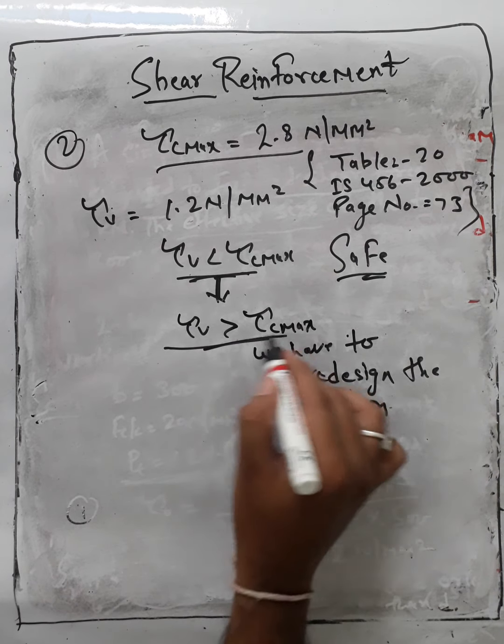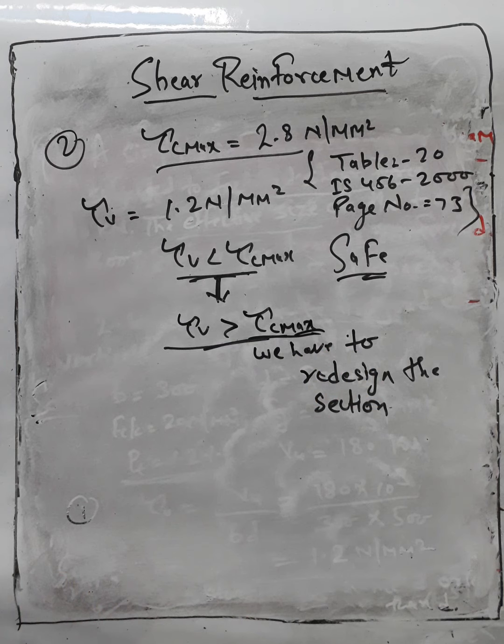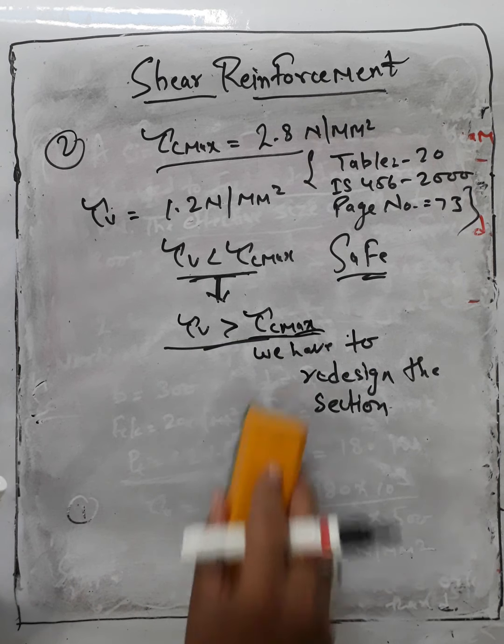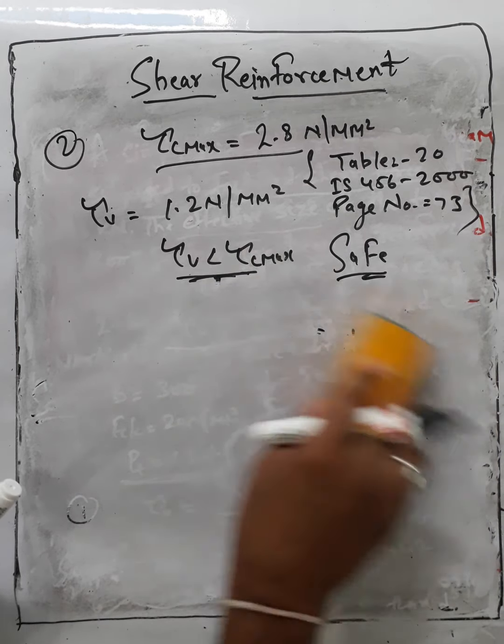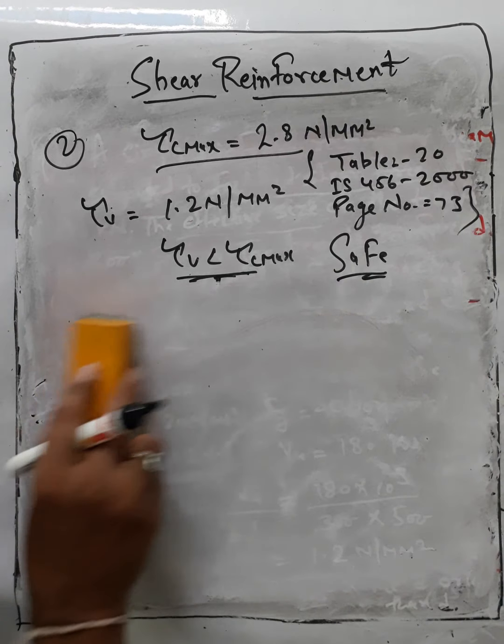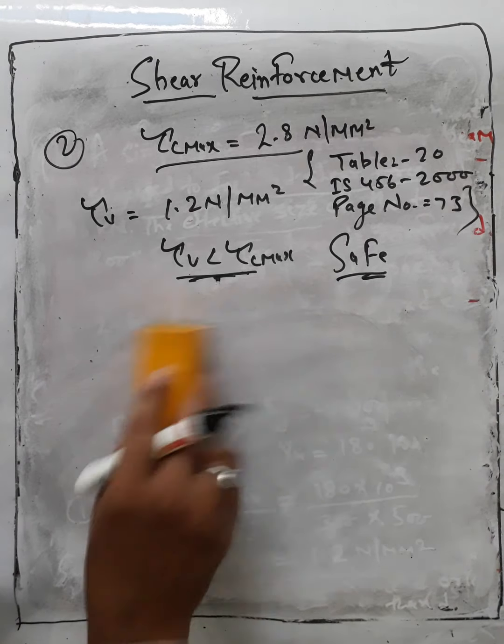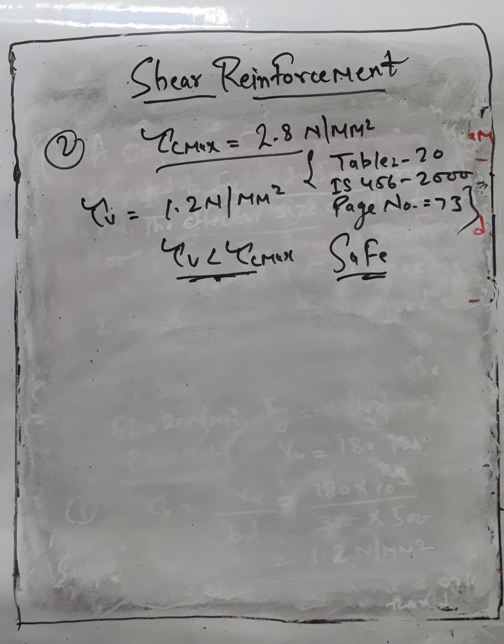But in our case we found tau v is less than tau c max. That means we do not need to redesign it again.